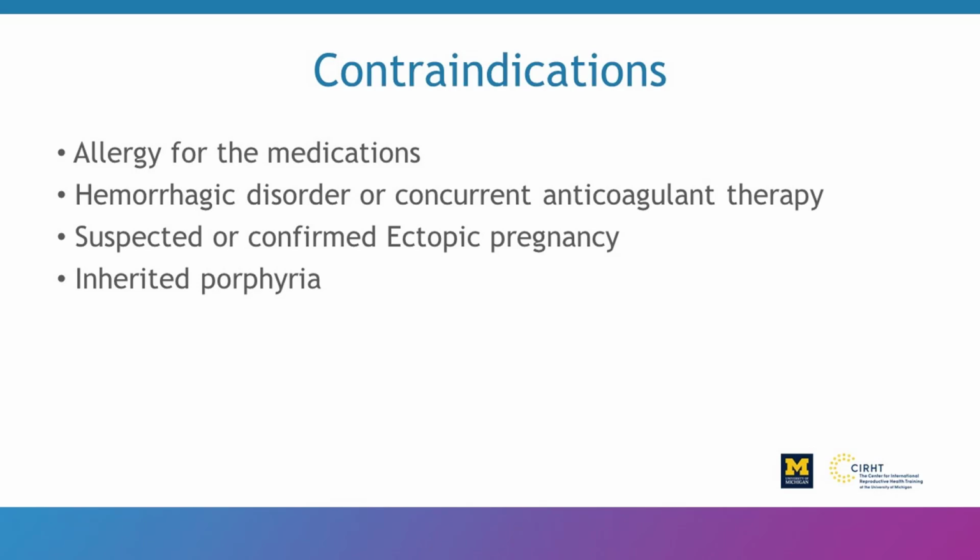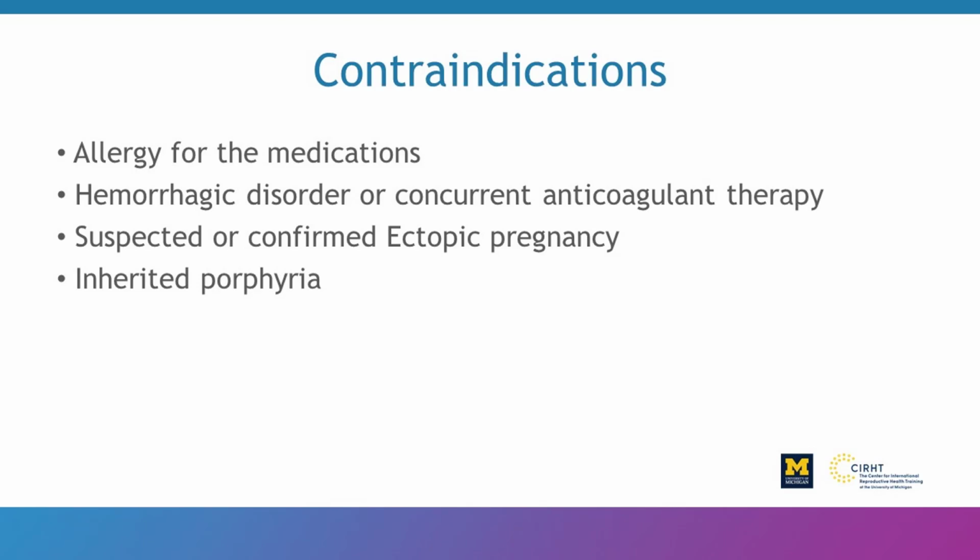If you have an allergy to Misoprostol, it's contraindicated. In case of hemorrhagic disorders, women with concurrent anticoagulant therapy, and in cases of suspected or confirmed ectopic pregnancy, because Misoprostol acts on the uterus, so it has no effect on extrauterine pregnancies.